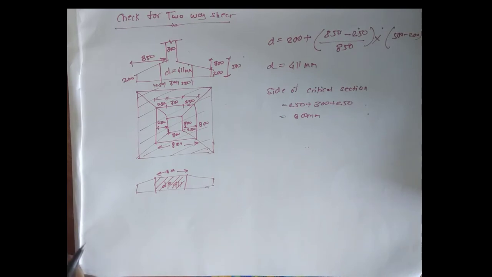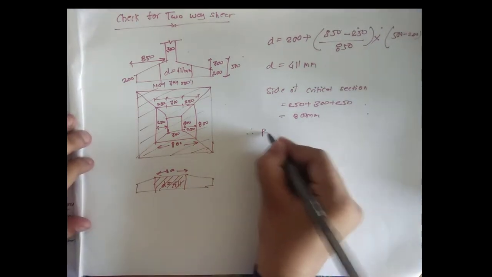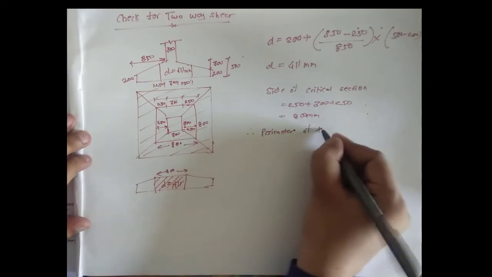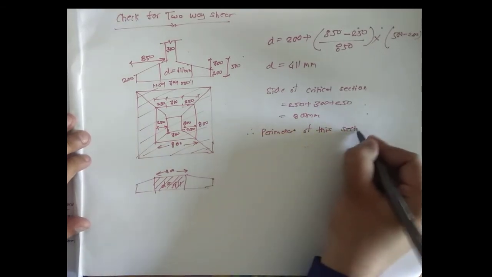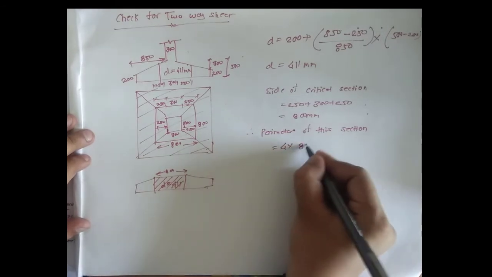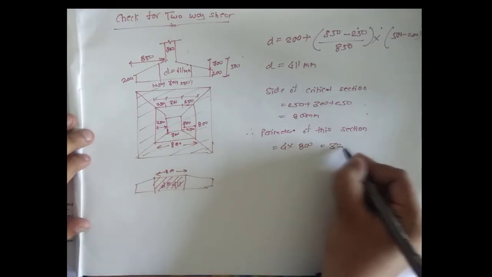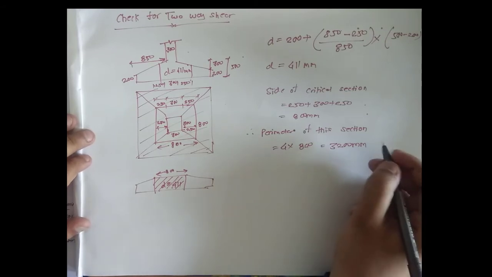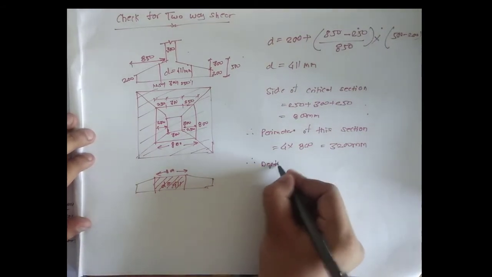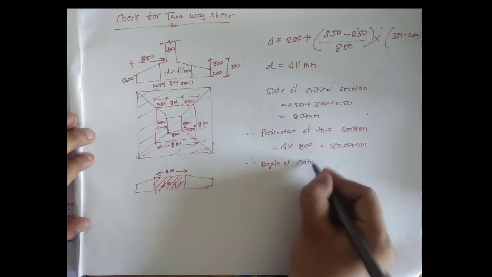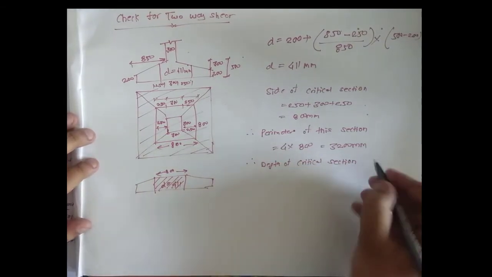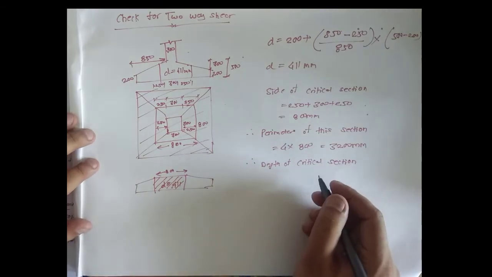Further we will calculate the perimeter of this section. Perimeter means the sum of all the sides. So it is 4 sides into 800. It is coming out to be 3200 mm. Then depth of critical section.